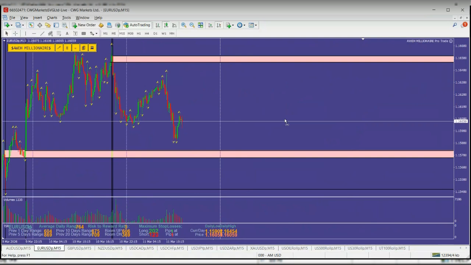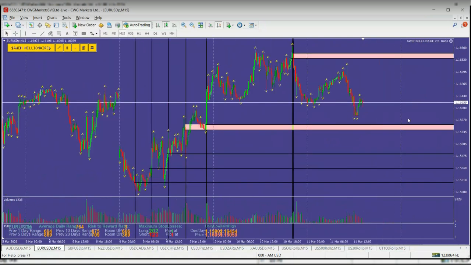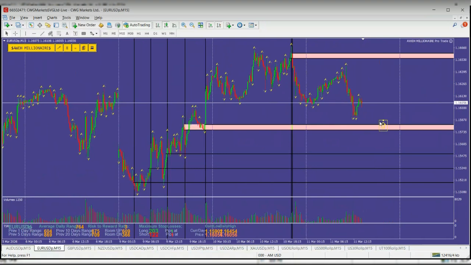So zooming out, basically what we can see here on euro dollar is we have our demand zone number 1 over there, demand number 2, demand 3, demand 4, and then our supply zone all the way at the top over there. So this will be the level of focus for euro dollar for today's CPI session.